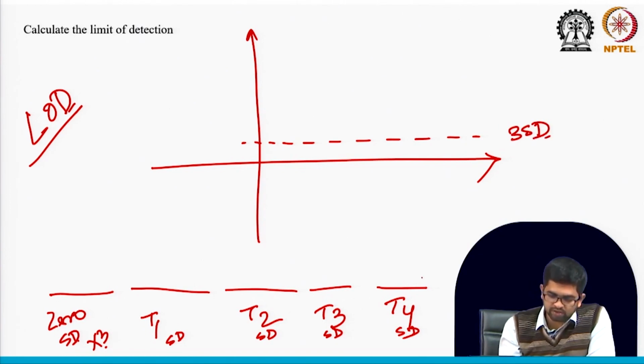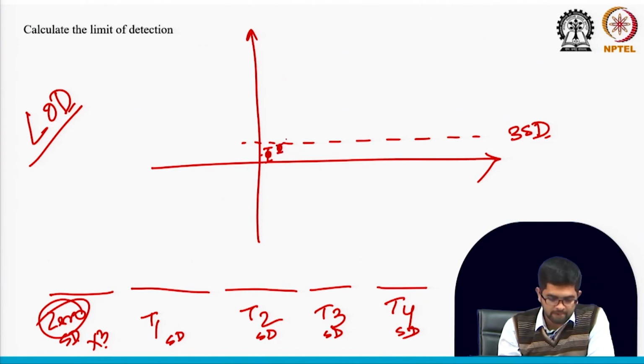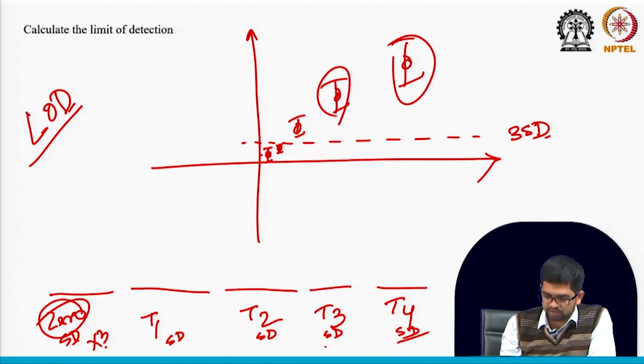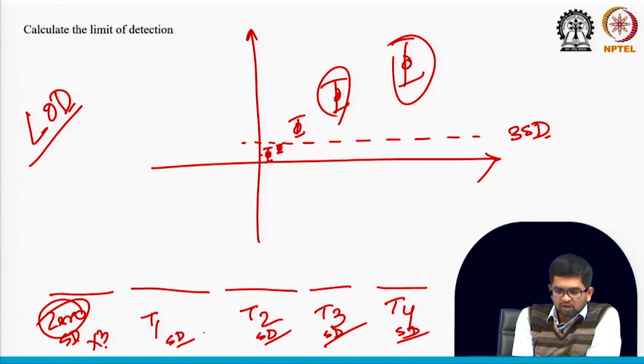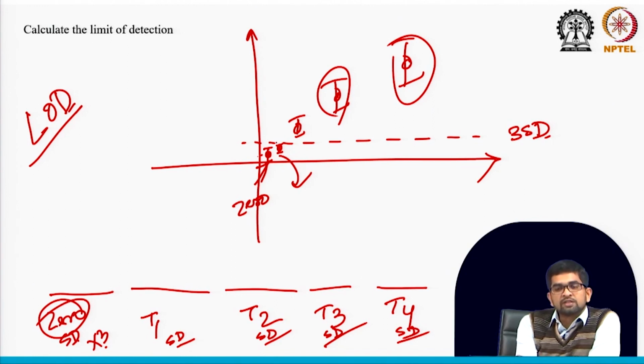Now, suppose your 0 data is here, with the 3 times standard deviation above it, and your target concentration T1 here, T2 here, T3 here, T4 here, along with their standard deviations. Although T1 and the second concentration are more than the 0 data, they will not be considered with your biosensor, meaning your biosensor is not that sensitive, because your 3 SD value is just above these concentrations.